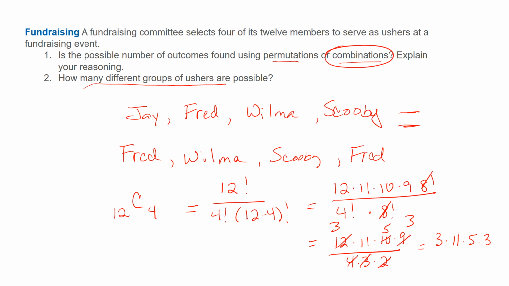And multiplying that out, 9 times 11 would be 99, times 5, which would give me 495. That seems like a lot. And it is a lot. It doesn't take very long to grow when you're using factorials.